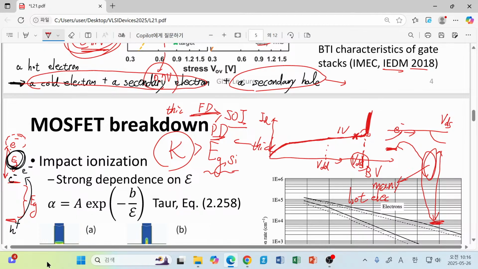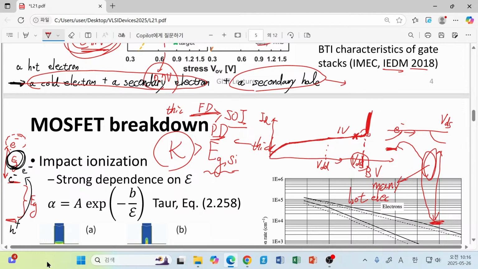In the case of a partially depleted one, especially, this secondary hole generates a lot of problems, a lot of instability. Unfortunately, nowadays we are able to fabricate these SOI type devices in different ways.